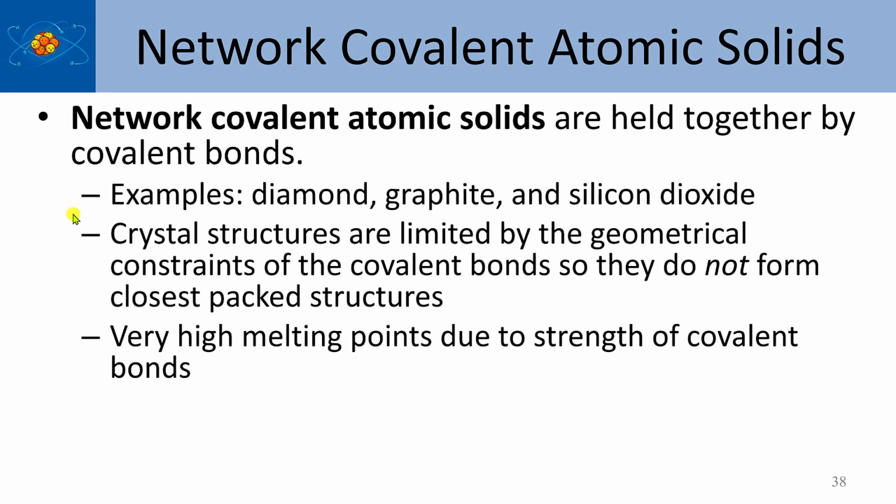Because they're connected by covalent bonds, and they're a network of bonds, let's say you took a look at a piece of diamond. If it was a perfect piece of diamond, all the atoms would be somehow connected to each other through covalent bonds. So they have very high melting points and are also very, very hard because of that.